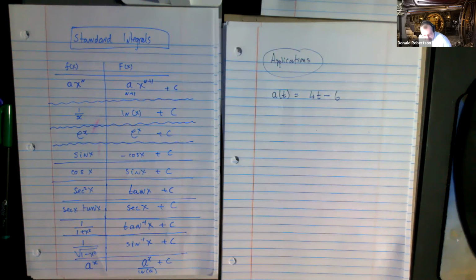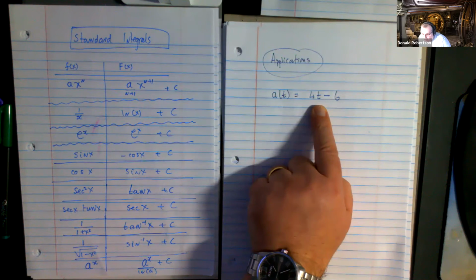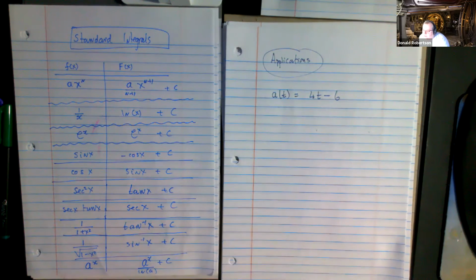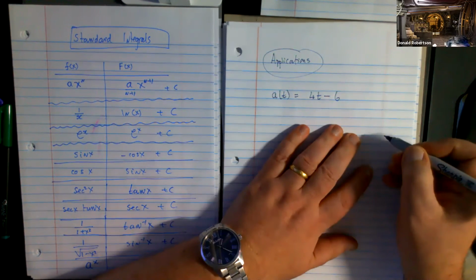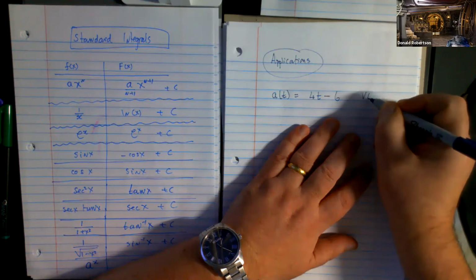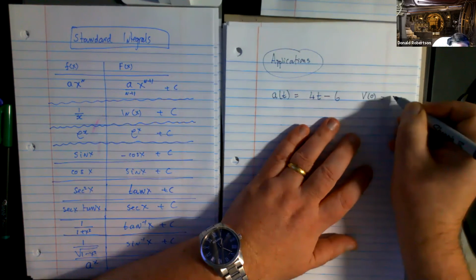It's a fixed number. Can you see here at the 1 second mark and at the 10 second mark, the acceleration is changing, right? It's different. You're also told in this question that the velocity at the beginning at time 0 is 4.